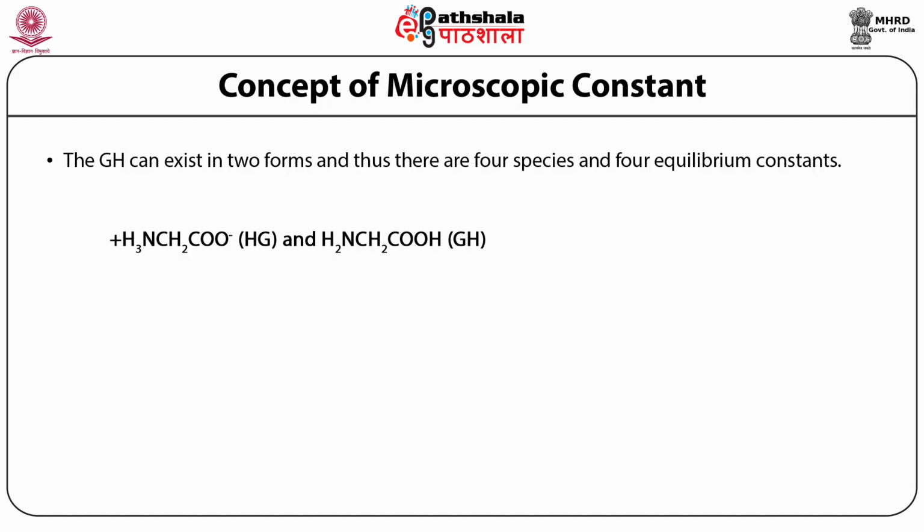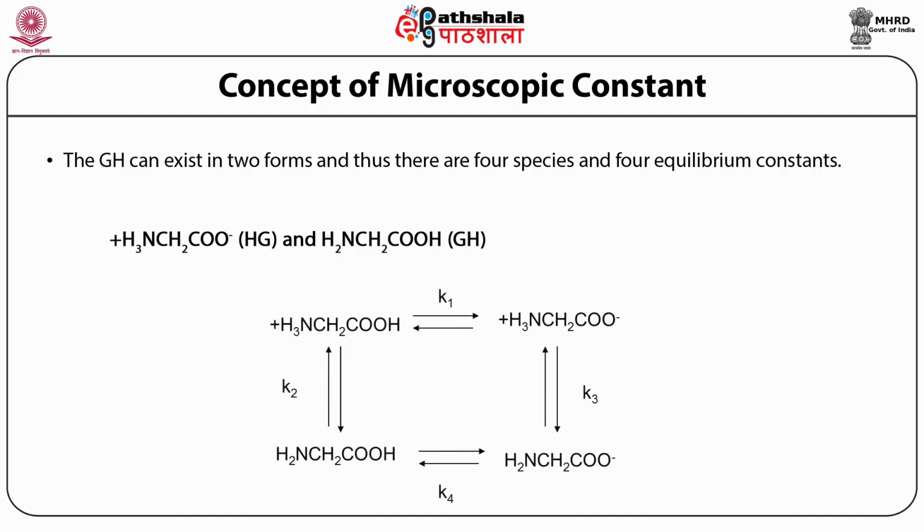In that case, we can think of 4 different equilibria. Initially, at acidic pH, we have GH2+ as NH3+CH2COOH. Now it can dissociate in 2 different ways. First, when the carboxylic acid proton is lost, we get NH3+CH2COO-, and for this step we consider the microscopic constant K1.